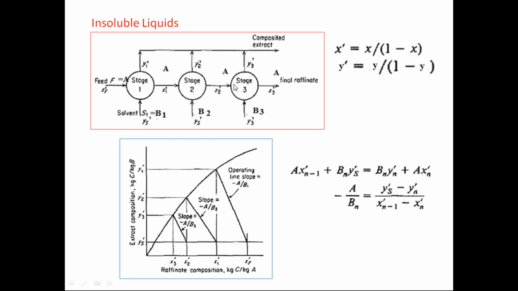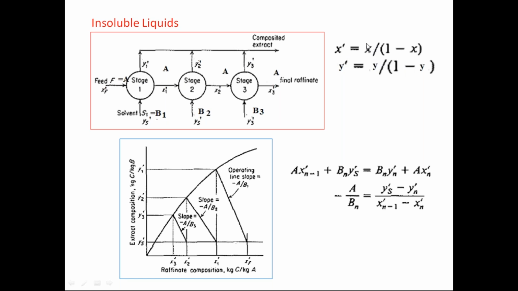This horizontal line will contain the stream which is called raffinate. This may be the final raffinate. Feed can be called the initial raffinate. So initial raffinate and final raffinate will have the same A, but x prime is equal to x by 1 minus x.